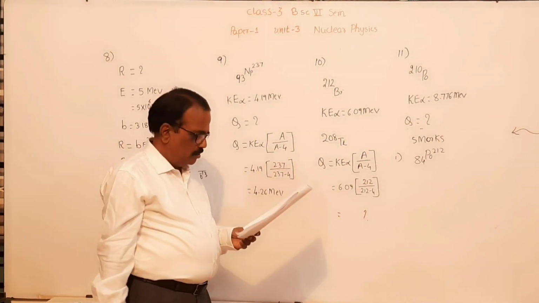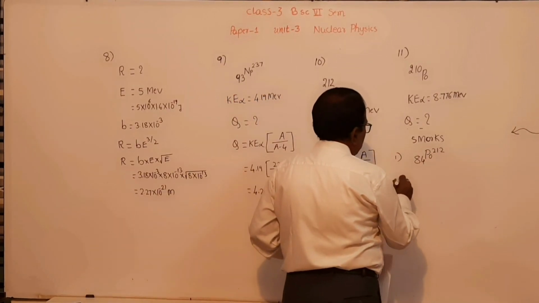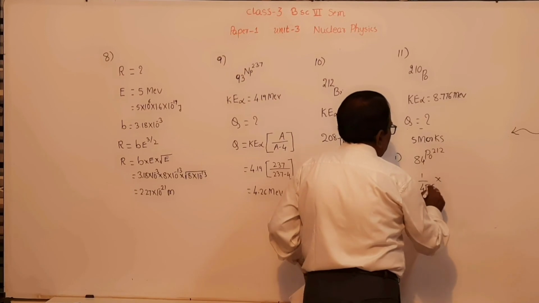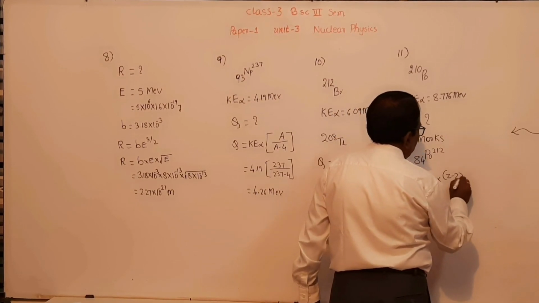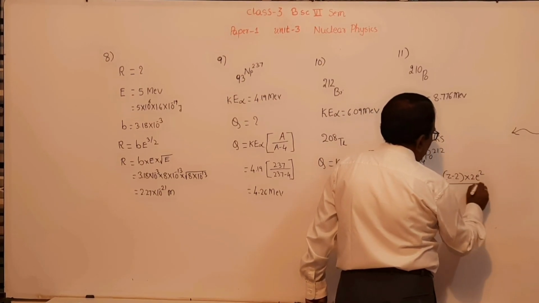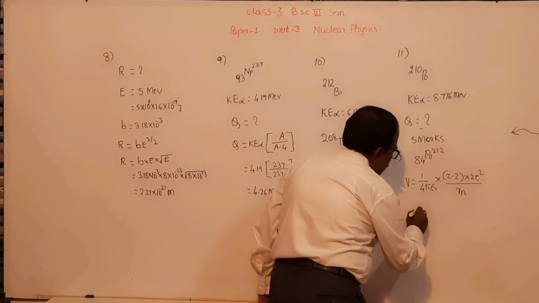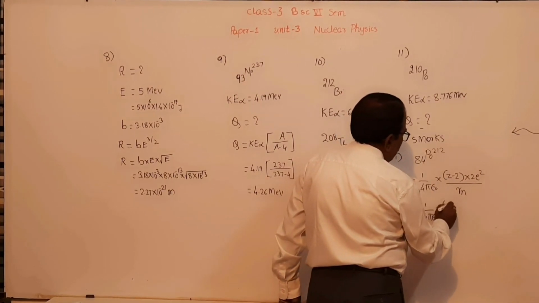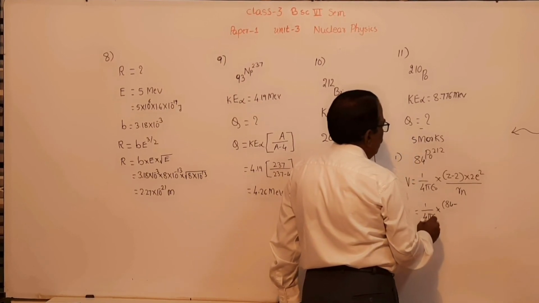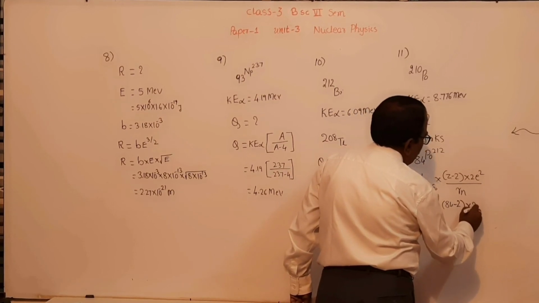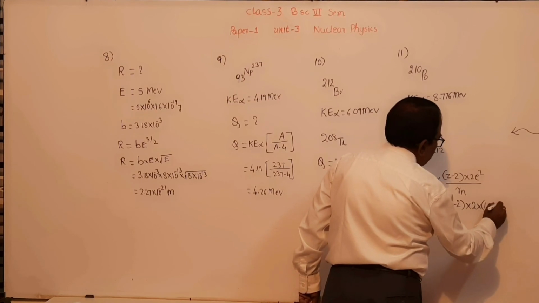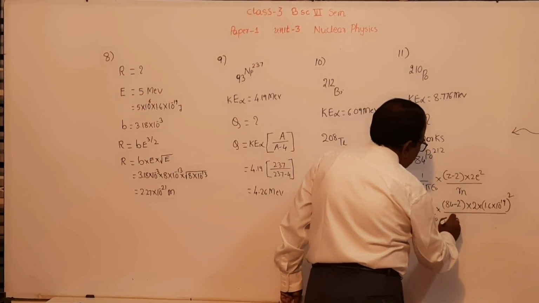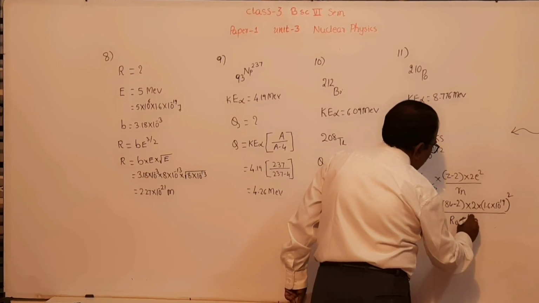You know that this alpha particle potential is 1 upon 4 pi epsilon naught into Z minus 2 into 2e square divided by Rn, or this is 1 upon 4 pi epsilon naught into, here Z is 84 minus 2, into 2 into 1.6 into 10 raised to minus 19 whole square, divided by Rn, which is R naught into A raised to 1 by 3.